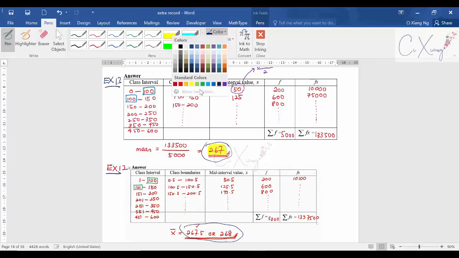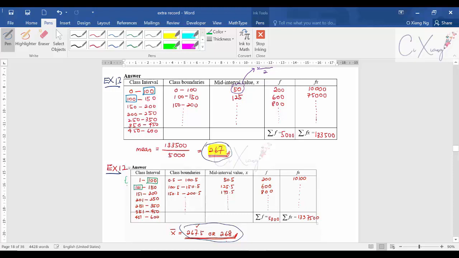Why in example 12, the class interval values that we use are like 1 until 100, then 101 until 150? You can see that all the lower class interval values start with 1 for example 12.